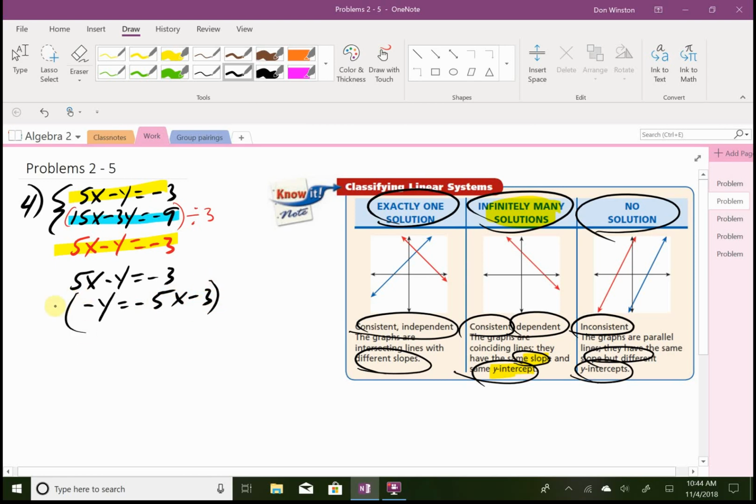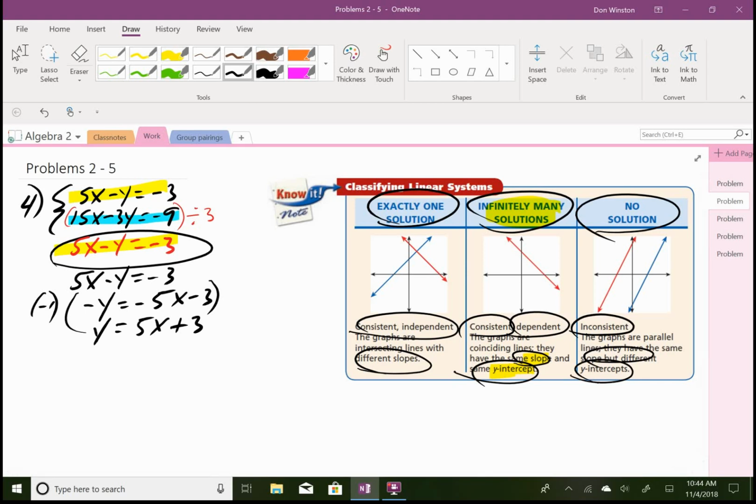Now multiply both sides by negative 1. I get y is equal to 5x plus 3. And if I did that to the second equation, I'd get the same slope and same intercept. So y is equal to 5x plus 3. So number 4, we have consistent dependent, a system with infinitely many solutions.